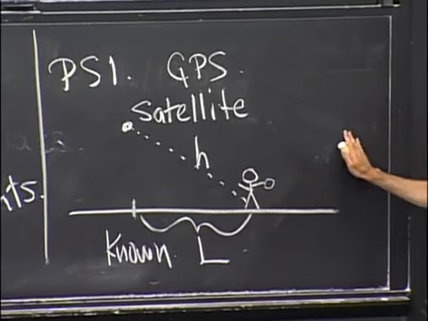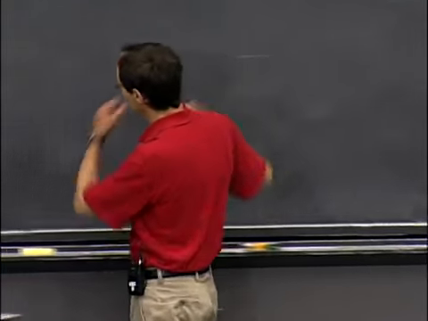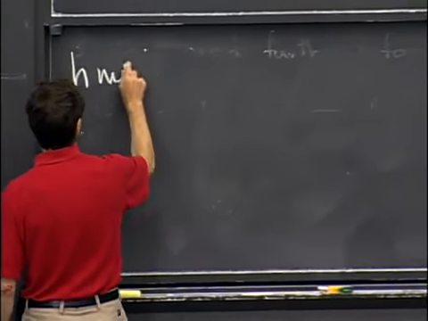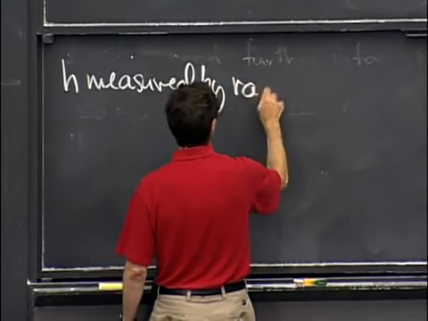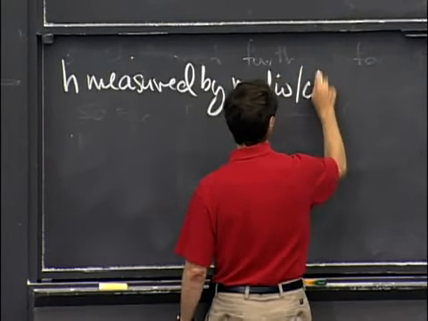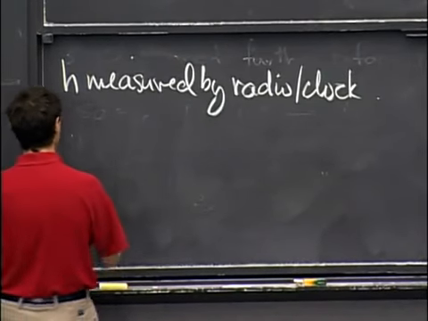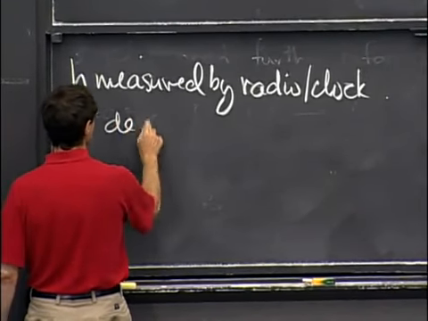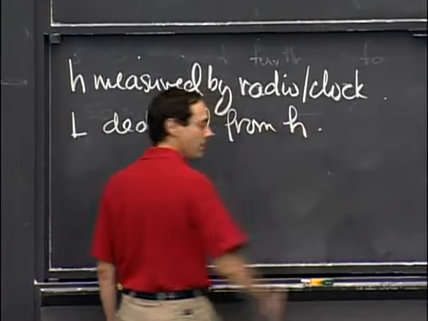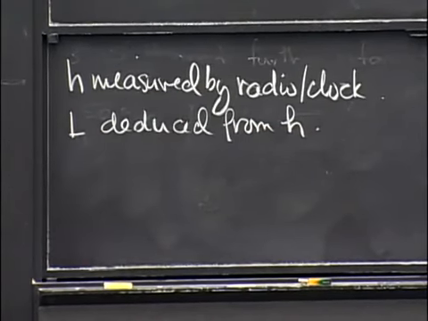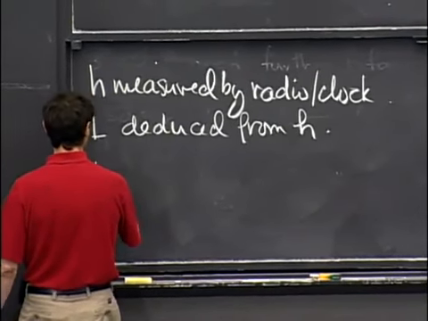So in other words, what's measured is h, measured by radio waves and a clock, or various clocks. And then L is deduced from h. What's critical in all of these systems is that you don't know h exactly.